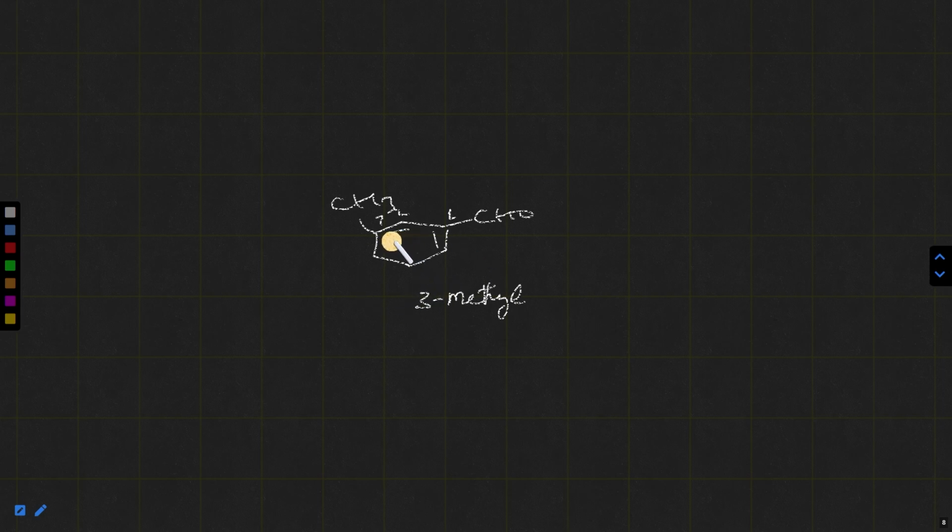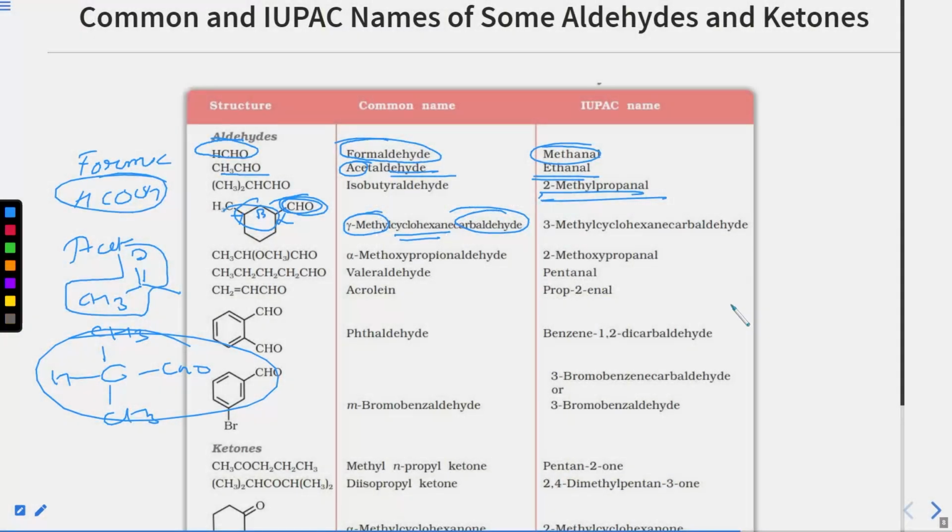It will not include this thing. So it will be cyclohexane. Then we have this carbaldehyde group. So cyclohexane carbaldehyde. So 3-methyl cyclohexane carbaldehyde. Clear?